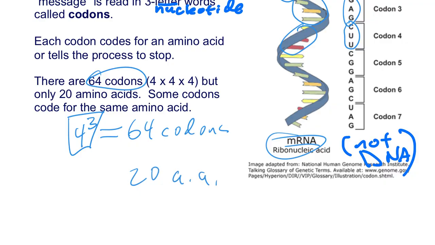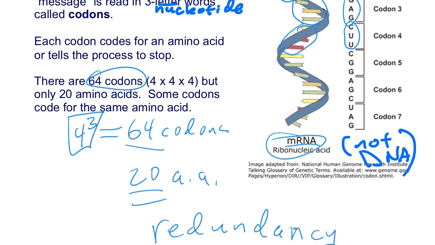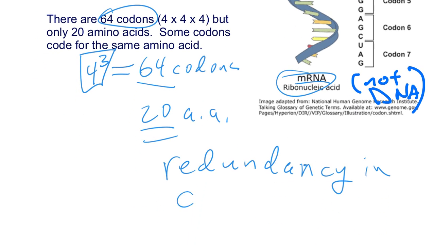So there's going to be some codons that code for the same amino acid, because look, you have 64 possibilities, but you only need 20 plus a stop codon and a start codon. So you really only need 22, but there's 64. There's redundancy in the code. Redundancy means repetition, in the genetic code.